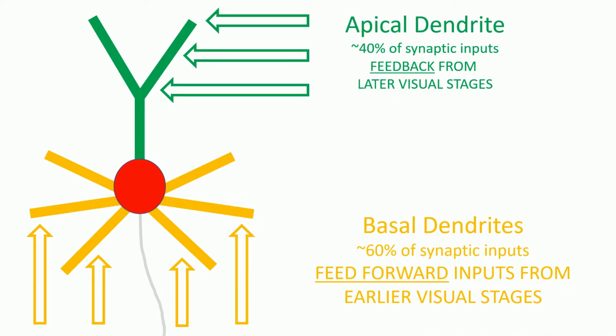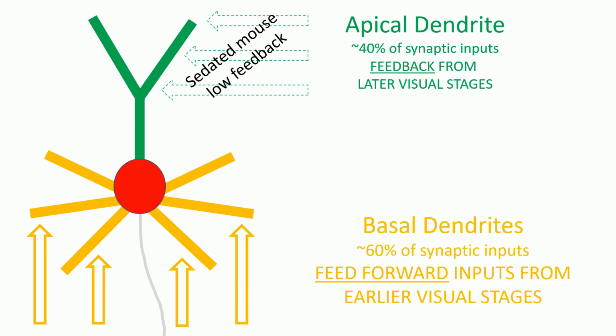This is perhaps the key result of the paper, so we should take a moment to unpack it. Previous experiments had led to theories that the apical dendrites of layer 2-3 neurons are mainly receiving feedback information from later stages in the visual stream, and that the basic feed-forward response of these neurons should instead come from input to the basal dendrites.